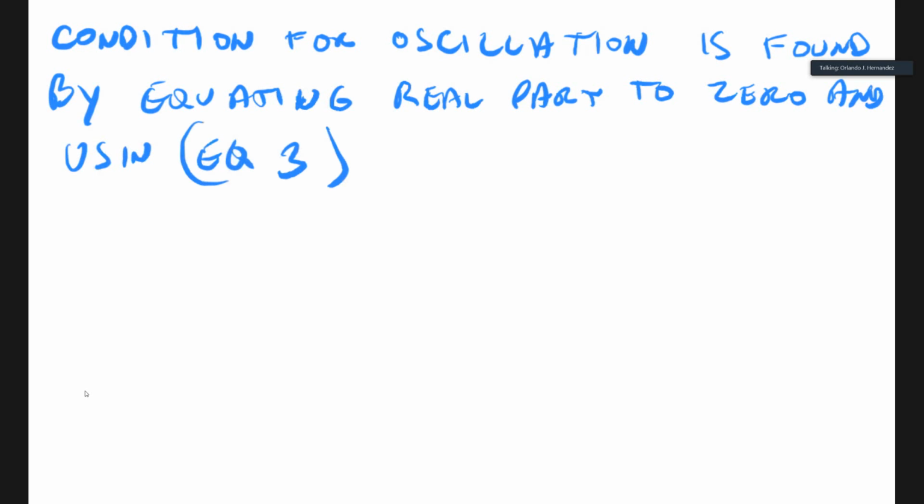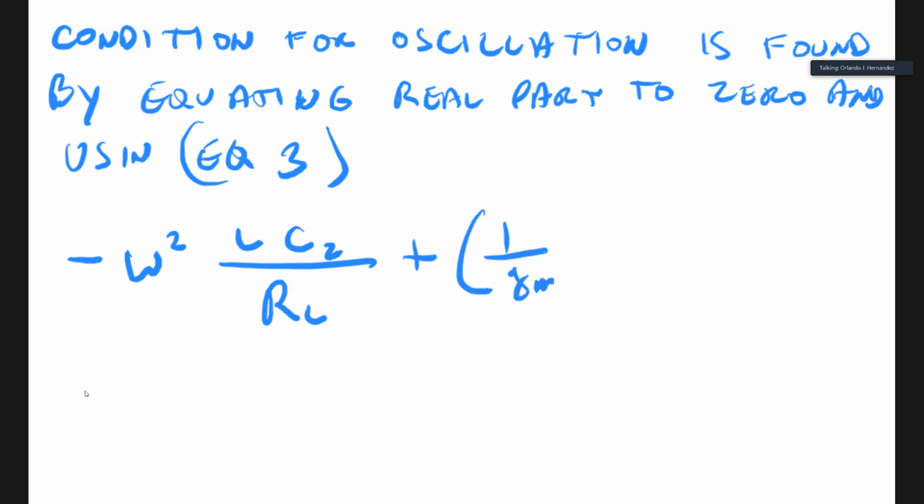So in the real part, which is minus omega squared L C2 divided by RL plus GM plus 1 over RL, that must be equal to 0.